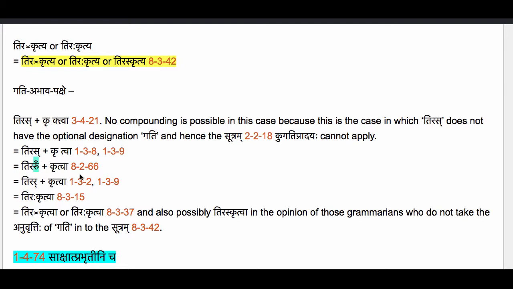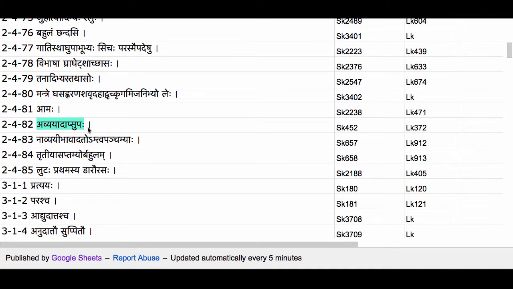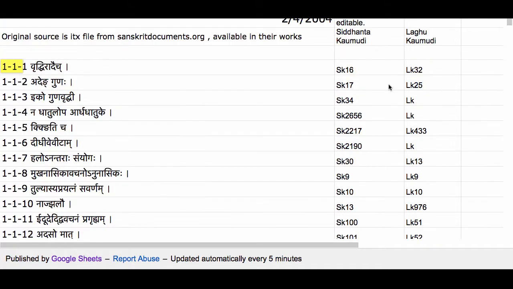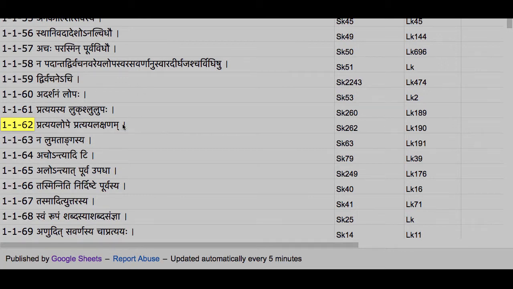Remember that tiras is avyayam, therefore the default sup affix following tiras has already taken the luk elision by 2.4.82 avyayadapsupaha. Therefore tiras has the designation padam by the sutram 1.4.14 suptinantam padam with the help of the paribhasha sutram 1.1.62 pratyayalope pratyayalakshanam.